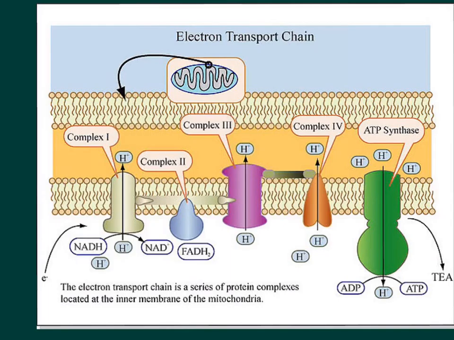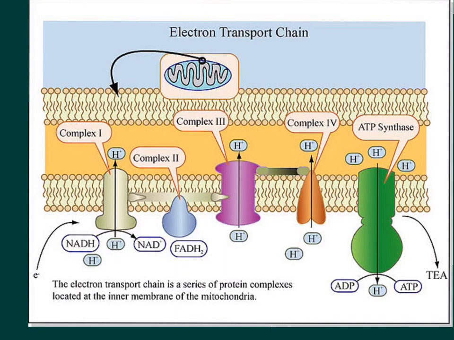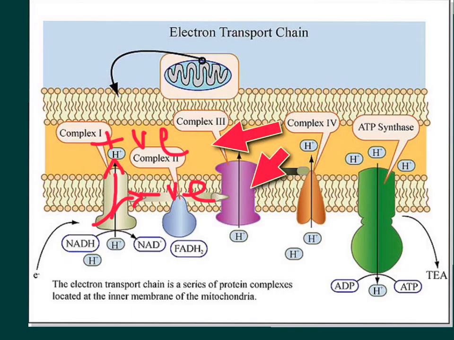At complex 1, NADH gives up its hydrogen atom and forms NAD positive. From here, the hydrogen is split into its positive ion and its electron is removed. The proton is pumped into the intermembrane space, and the electron is pushed through the inner membrane.